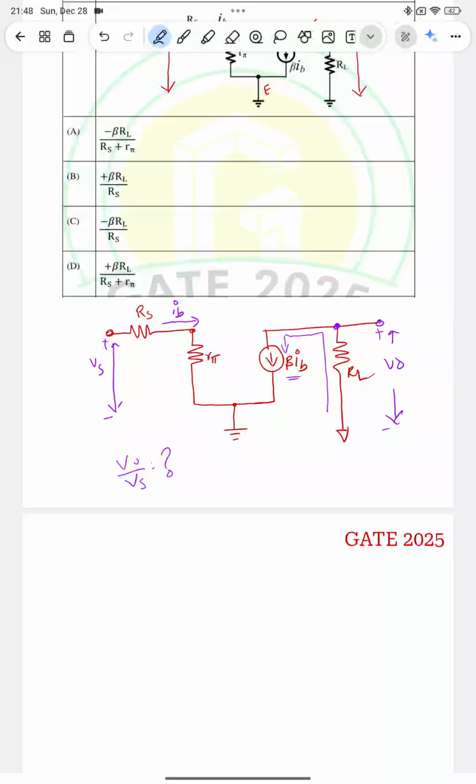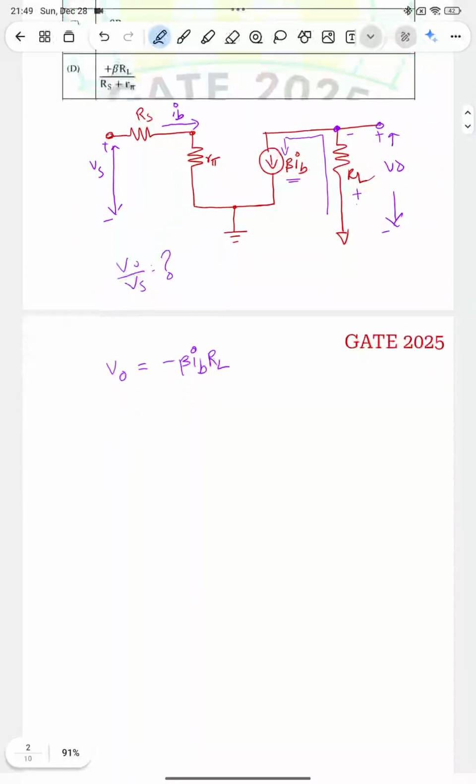So the voltage drop across RL will be plus, minus like this. The current is flowing from bottom to top, so V0 is minus beta IB into RL. This is the voltage V0.